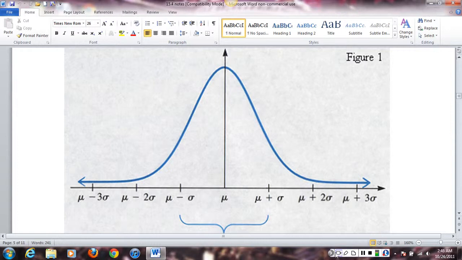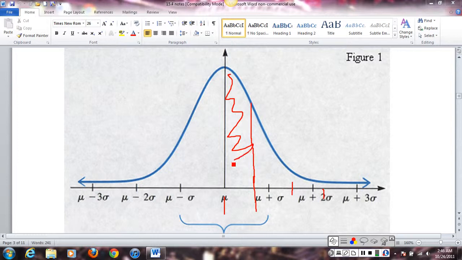So that chart tells you the area from the mean to some standard deviation out here, whatever it may be, the area under the curve. It's telling you that the area in here corresponds to the chart in your book.